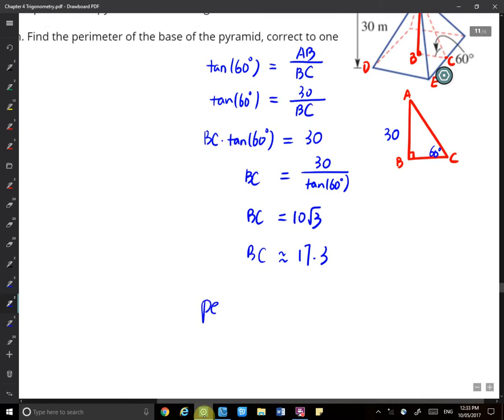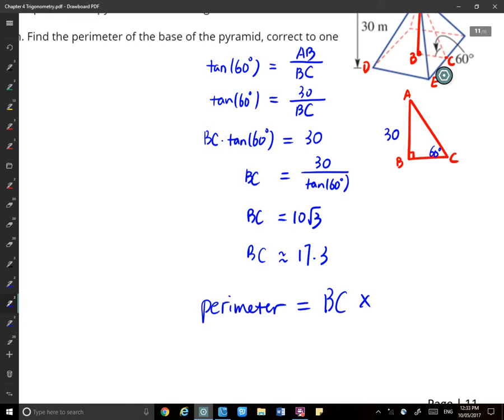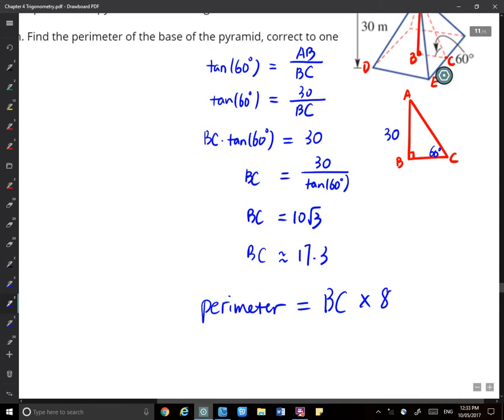So BC times what equals the perimeter? BC times 8. Half of DE is BC, and I have 4 sides, so 8 of BC. So BC times 8 will be the perimeter.